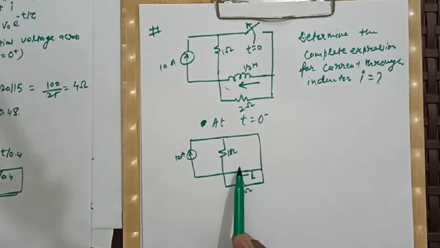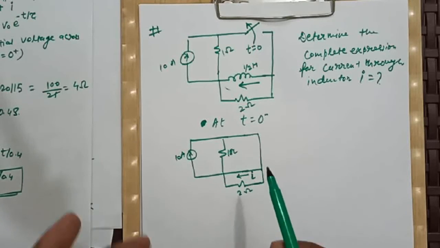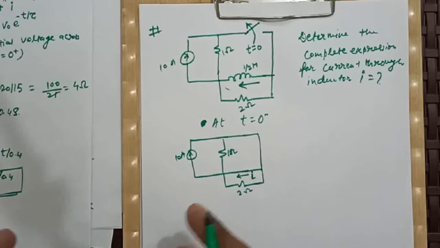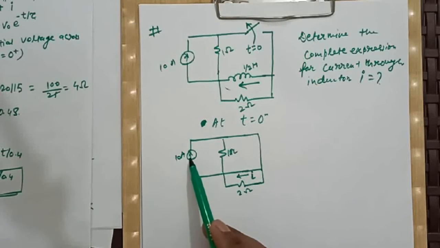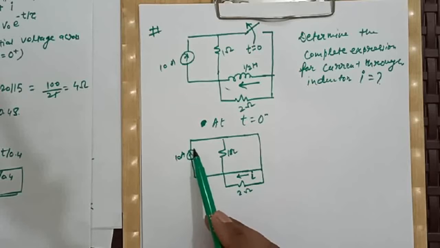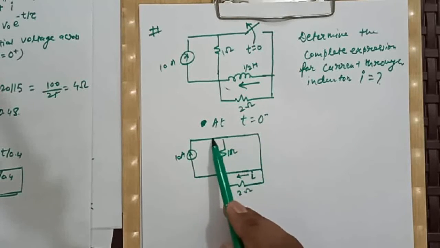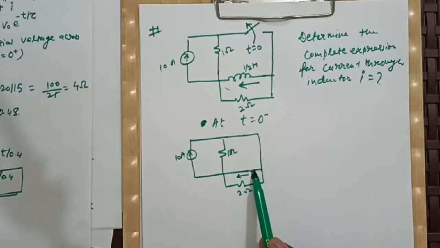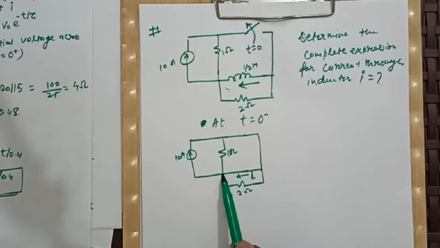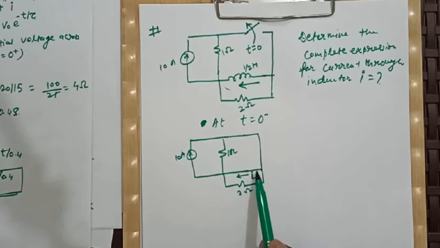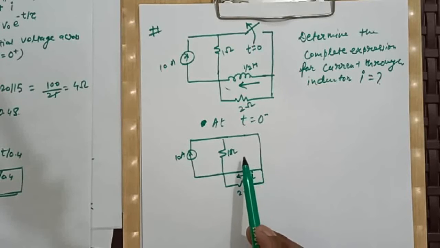Since at steady state the switch was closed and the inductor was acting like a short circuit, at time t equal to 0 minus, whatever current this current source is supplying, the whole current will come here, as this is short circuited, and will move through the inductor only, not in this path because this is shorted, right?